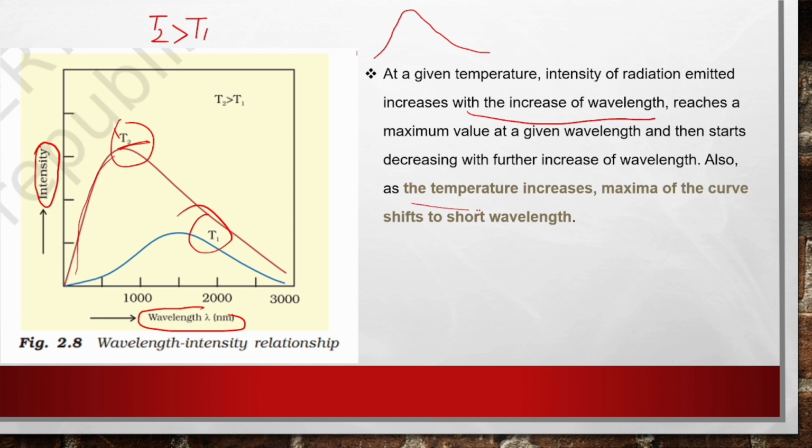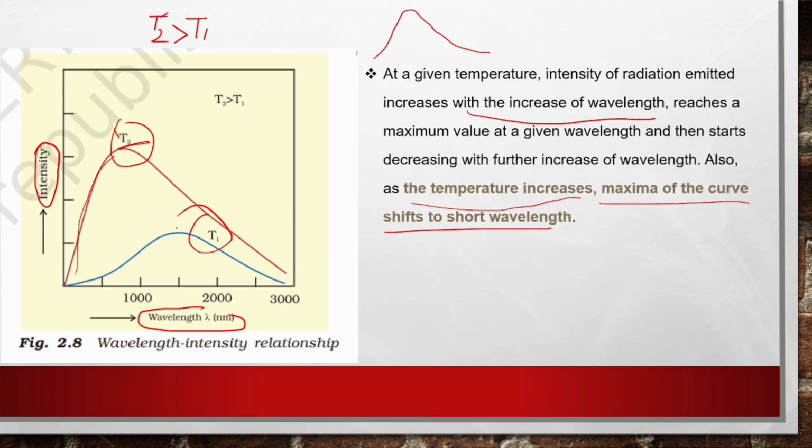Also, as the temperature increases, the maxima of the curve shifts to a shorter wavelength. T1 is at a lower temperature compared to T2. When the temperature increases from T1 to T2, what happens?